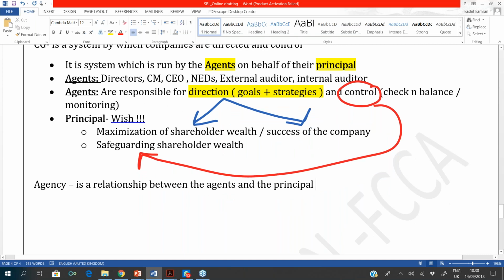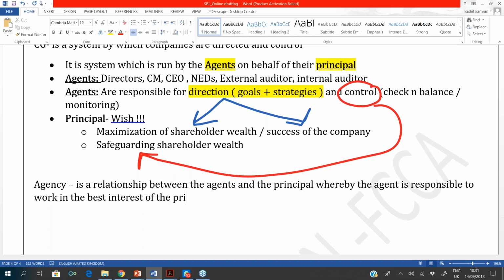So is the agent responsible in this relationship? It is a relationship between the agents and the principal, whereby the agent is responsible to work in the best interest of the principal, the shareholders. Is that a true statement? And have you seen the demonstration of that?